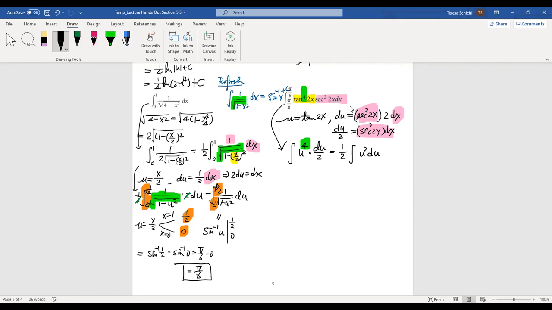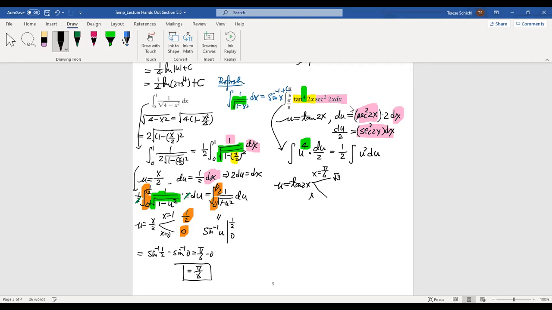And now the next thing I need to do is find the bound for u, right? So I know u is equal to tangent 2x. When the original x is pi over 6, tangent of 2 times pi over 6 is tangent of pi over 3. So that's 60 degrees, and the tangent is square root of 3.